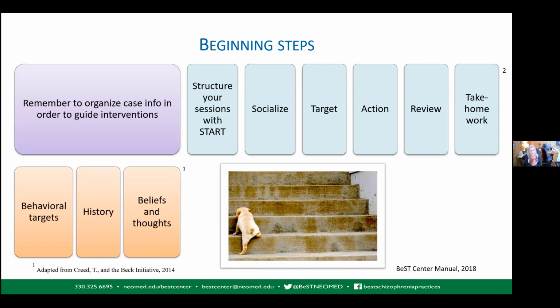So you'll want to get a real nice, thorough history of what's going on. So many of the symptoms are reflective of what's happening with that person in their life or in their previous life as a child growing up. And of course, we want to get to what are the underlying beliefs and thoughts about what's happening. What are they doing with whatever event stimulated the process for them?